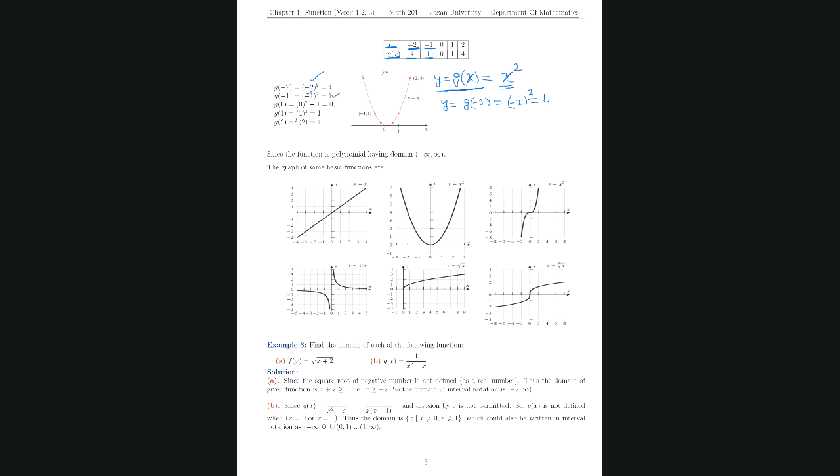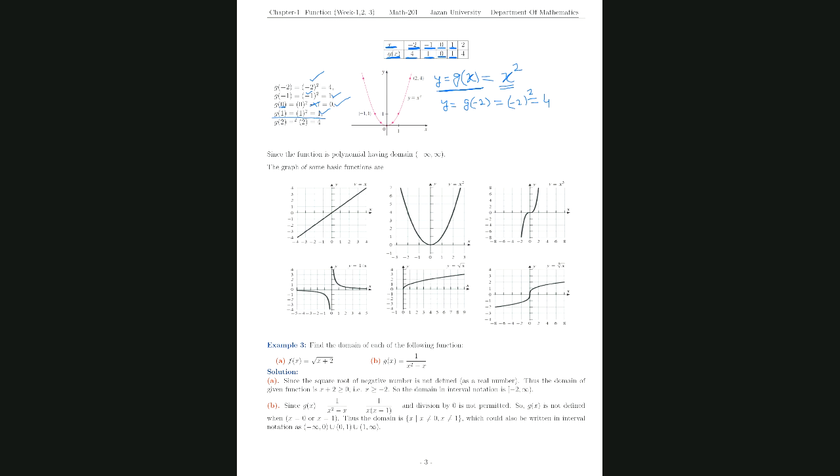Now input take this x equals 0, so 0 square is 0, input 0 then output 0, right? After that you take input 1, x equals 1. Okay, so 1 square is 1, input 1, output 1, right?